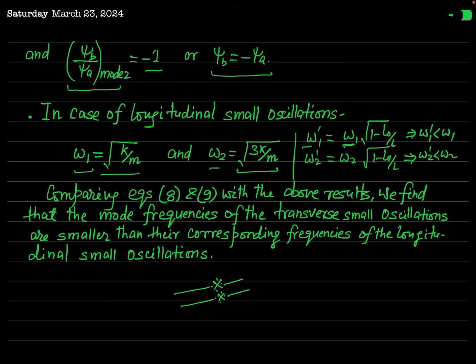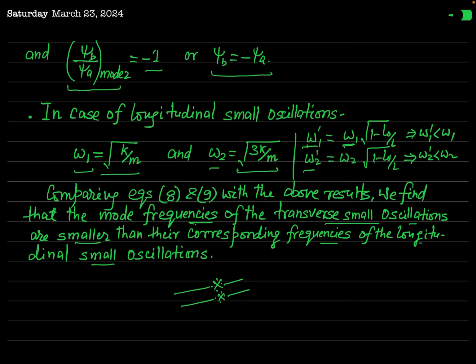You can see that comparing equations 8 and 9 with the above results, we find that the mode frequencies of the transverse oscillations, that is omega 1 prime and omega 2 prime, are smaller than their corresponding frequencies of the longitudinal small oscillations.